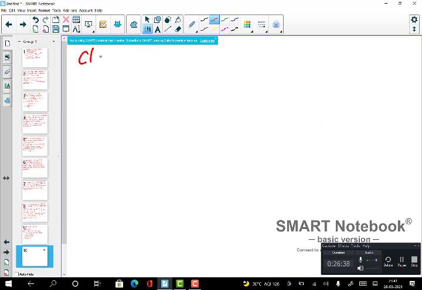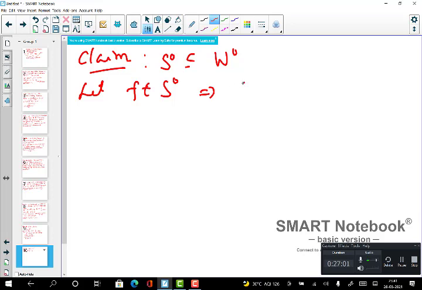Now, this is our claim, that the annihilator of S is also inside the annihilator of W. So what does that mean? That means if you start with one element of S naught, how do you prove this? Let f belong to S naught. So S naught means f(v) equals 0 for all v belonging to S, right?